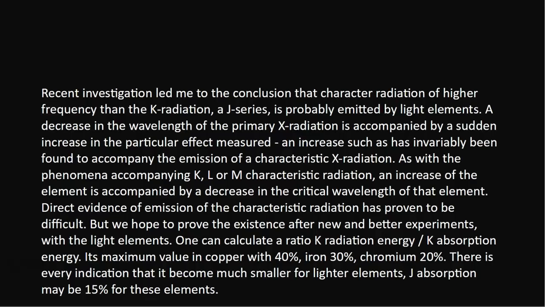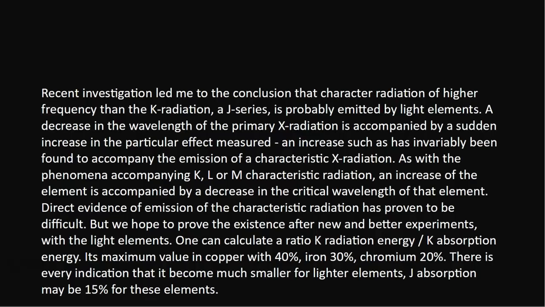As with the phenomena accompanying K, L, or M characteristic radiation, an increase of the element is accompanied by a decrease in the critical wavelength of that element. Direct evidence of emission of characteristic radiation has proven to be difficult, but we hope to prove the existence after new and better experiments with the light elements.